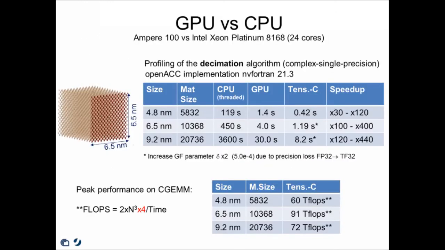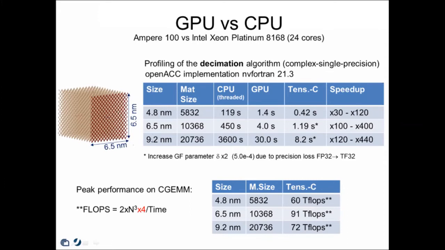Just jumping to some profiling, because this was quite exciting and surprising from the very beginning, comparing these Intel Xeon Platinum, which are basically the cluster JULIC nodes, and the Ampere A100, and using NVFortran 21.3, already we get a very good speedup on the simple decimation algorithm.